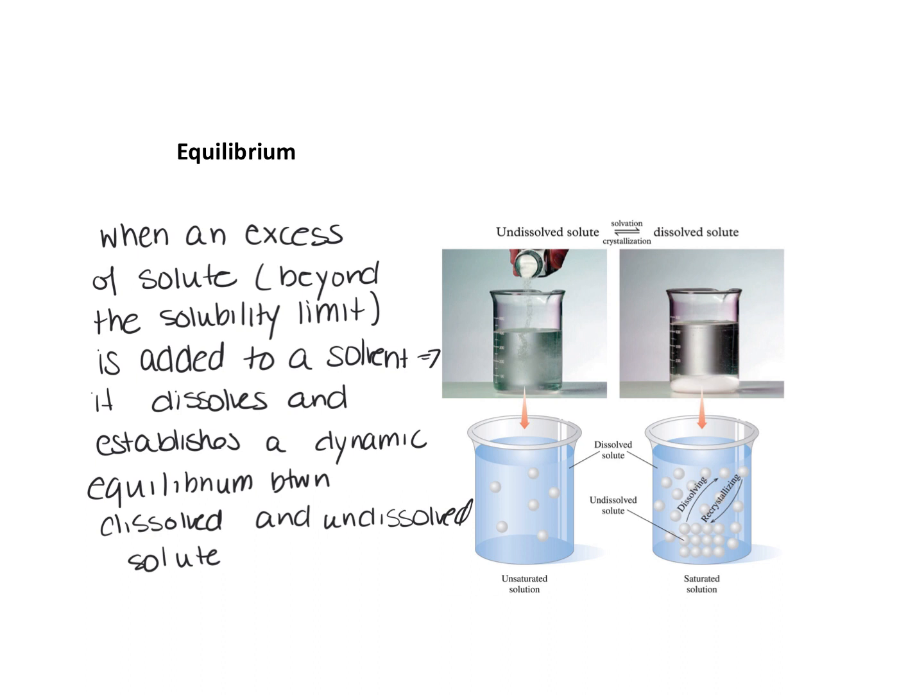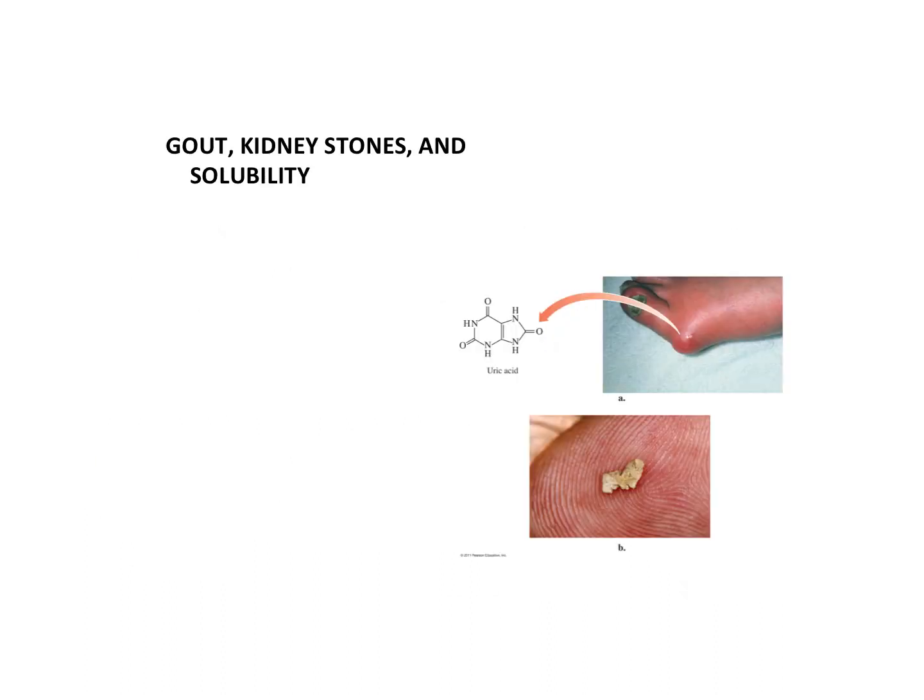Now, how does this apply to us? I love a good application, and a really great application here is gout and kidney stones. The conditions of gout and kidney stones occur when compounds build up in the body and exceed their solubility limits.